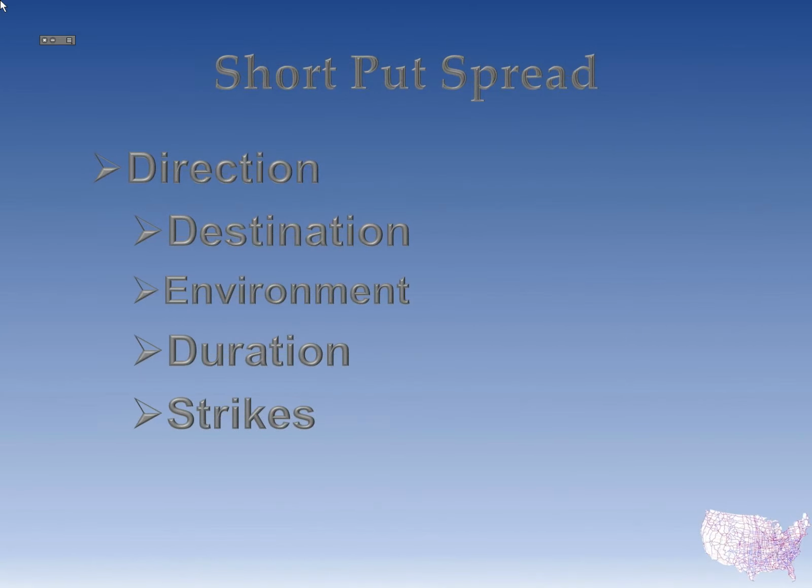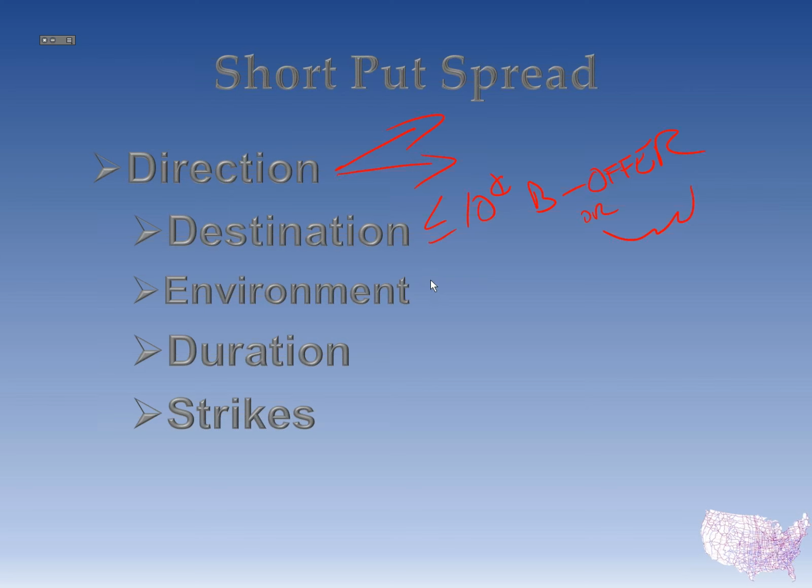So, real quick review. Direction, we've got bullish to market neutral. Our destination, that's where we're looking at less than or equal to 10 cents wide from the bid to the offer, right? Or you move the decimal 3 ticks to the left, right?